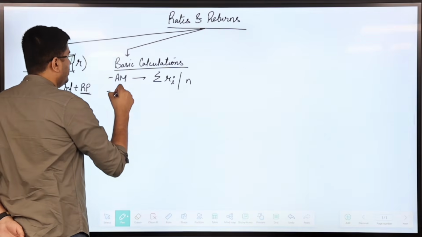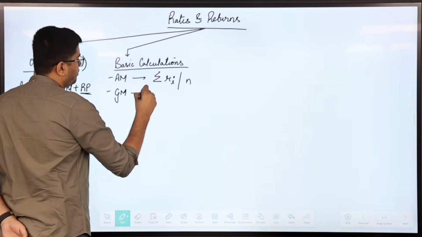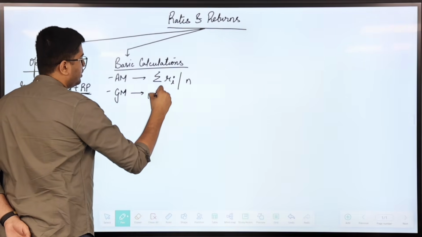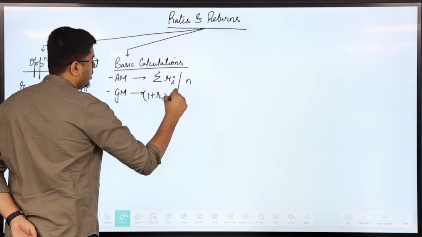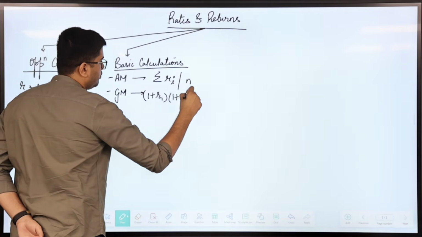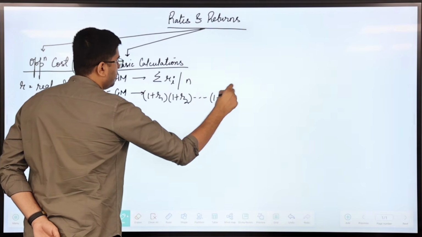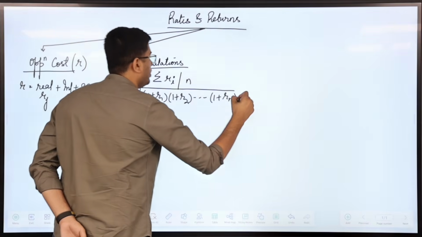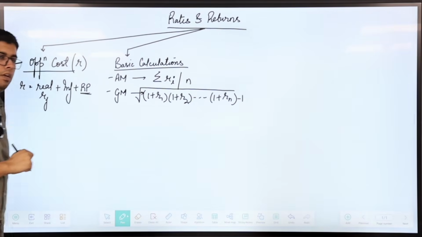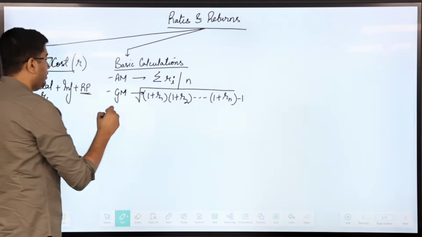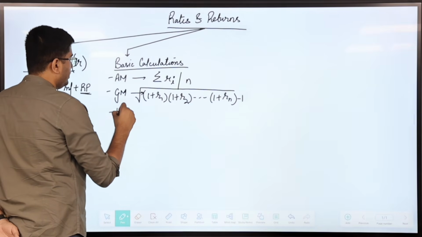Then we also cover geometric mean, which is 1 plus R1, 1 plus R2, so on all the way till Rn, root minus 1.